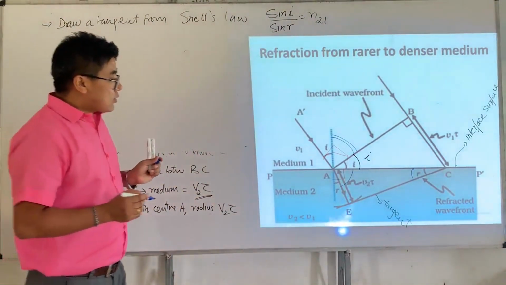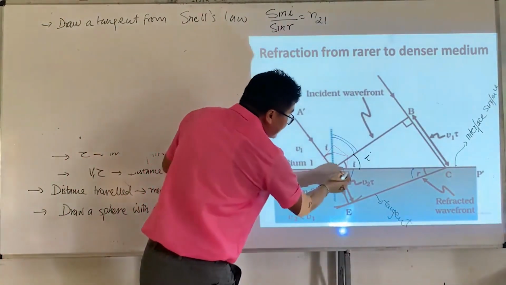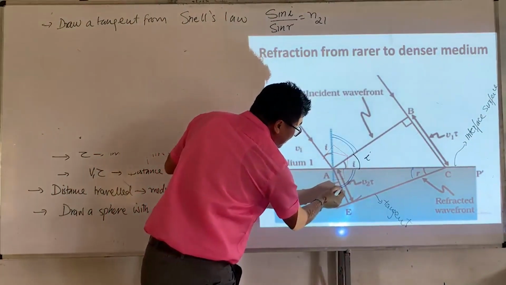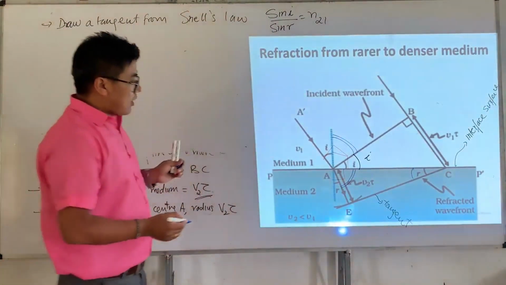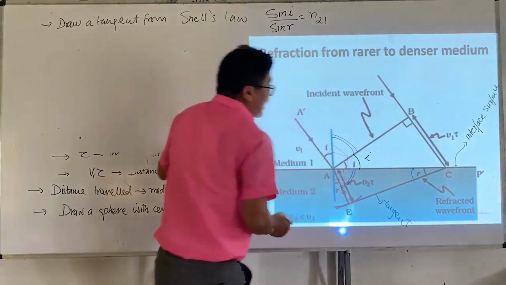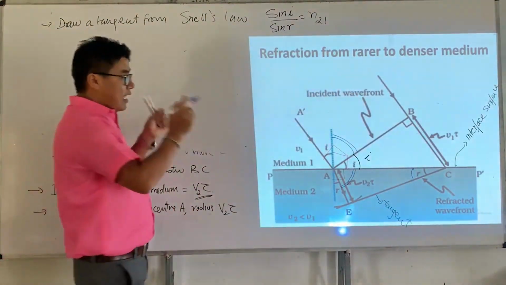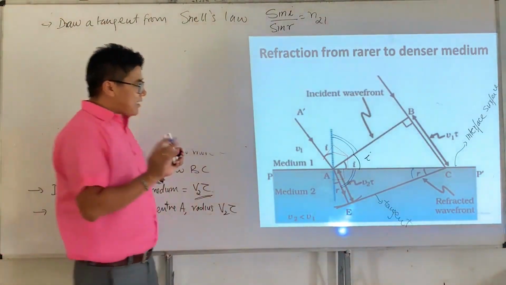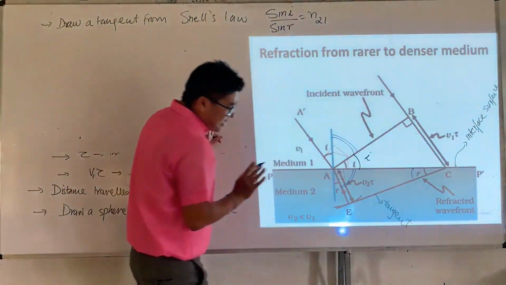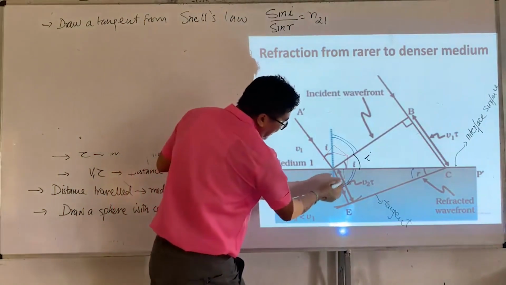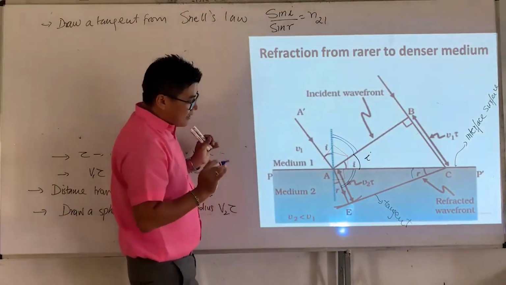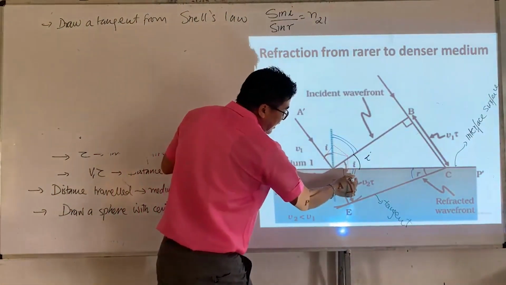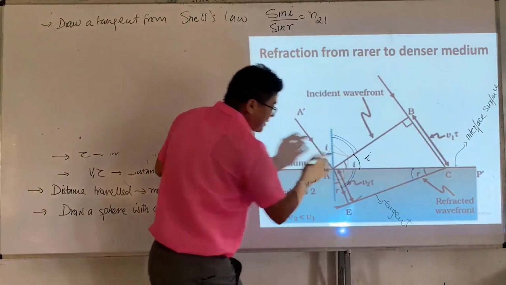So therefore this angle becomes a common angle, so this angle must be equal to angle R. Again I repeat here. This is 90 degree, angle R plus this angle is going to be 90 degree, and this angle plus that angle is 90 degree.